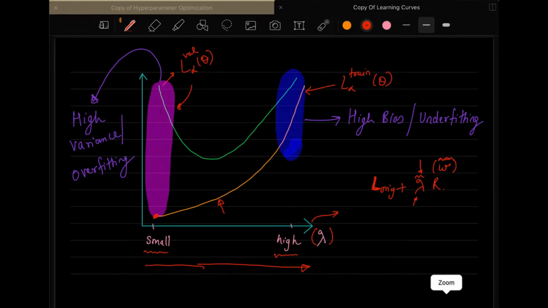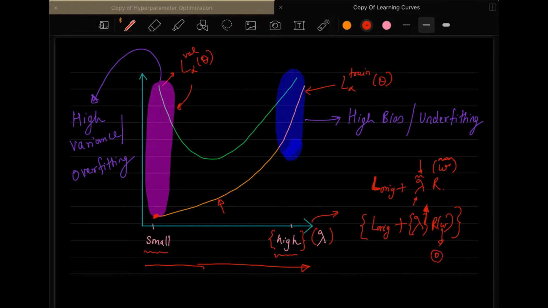And similarly, when you crank lambda to a very high value, you are optimizing the whole argument, which is L, the original loss function, plus lambda times R of W. When you are cranking this lambda up, then obviously in order to minimize the whole expression, your W has to go down.